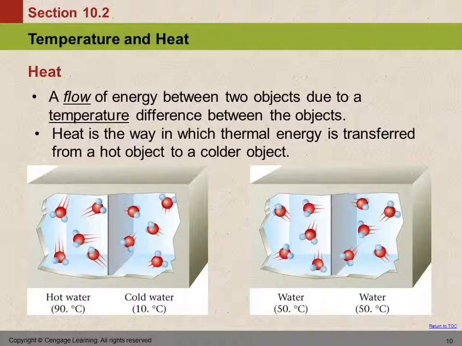Heat is the way thermal energy is transferred. So these particles are moving quickly and they can transfer that energy to the cold molecules. The cold molecules are going to start moving faster. The hot molecules will slow down until they reach the same temperature.